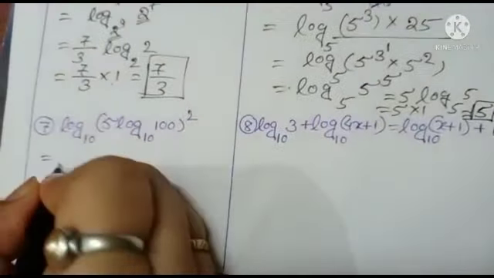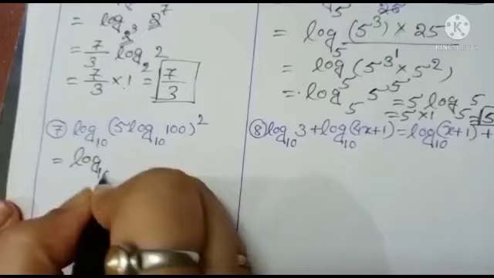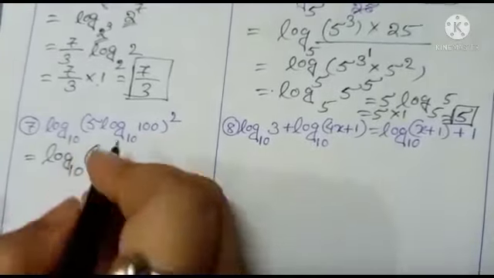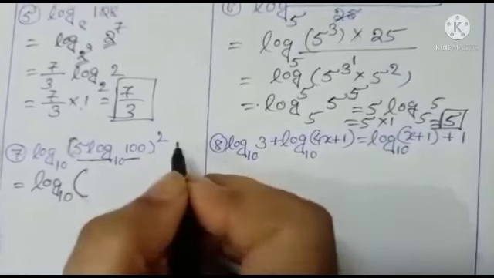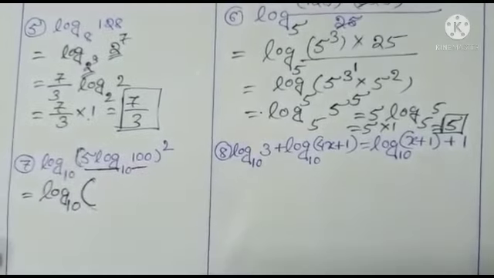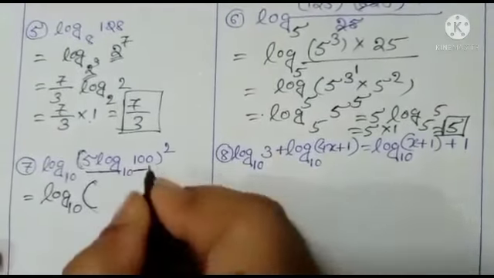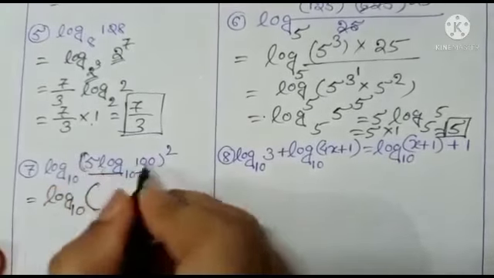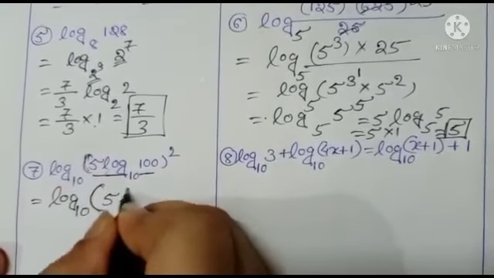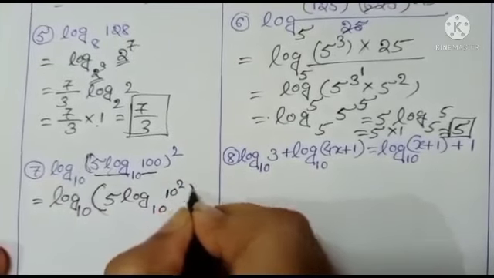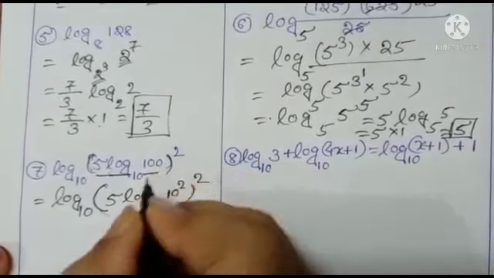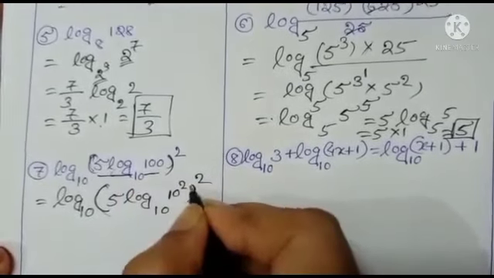Next question, log base 10. First we see only this part, then we convert the square part, then we see the square part. First we see this part, 5 log 10, it's 10 squared, then the whole squared. Just 100 converts into 10 squared.